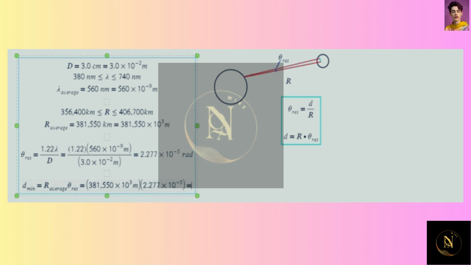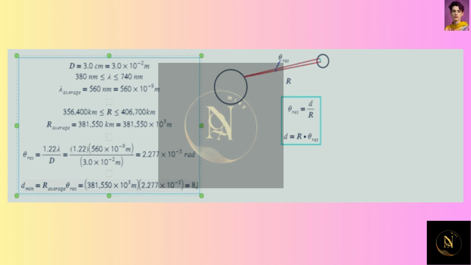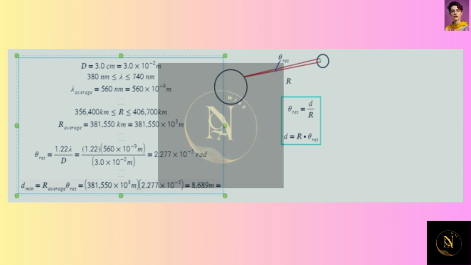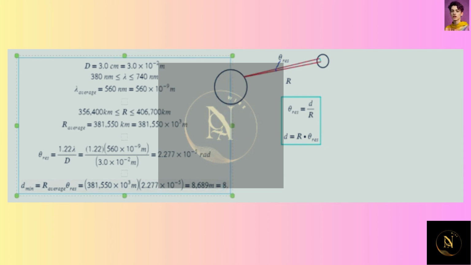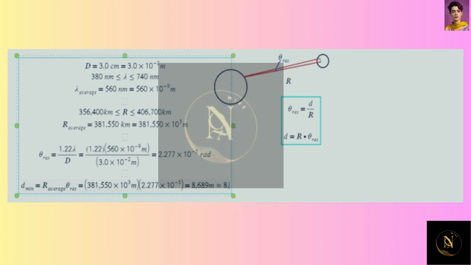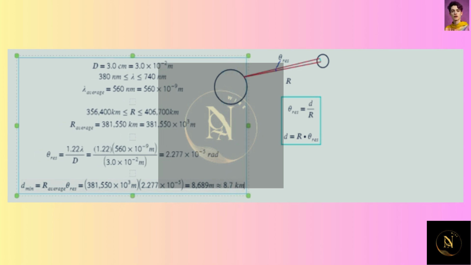And we're going to go ahead and multiply this together, and we get 8,689 meters, which is equal to roughly 8.7. So that's right, approximately 8.7 kilometers. So again, depending on the wavelength that you're using, here we use 560.